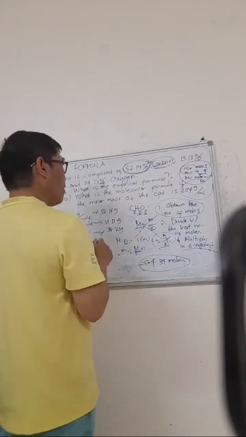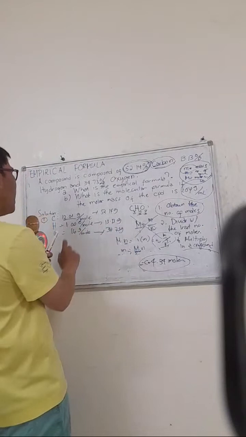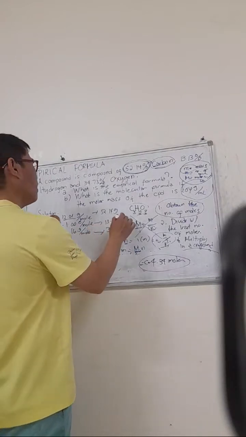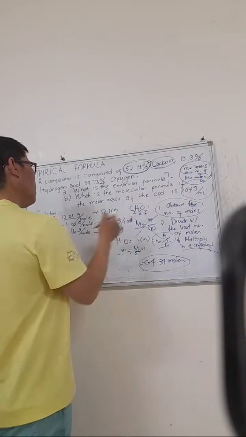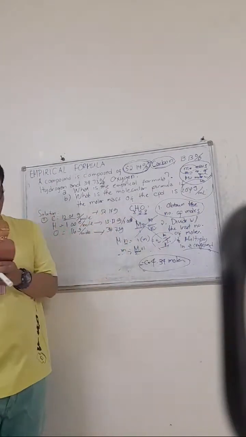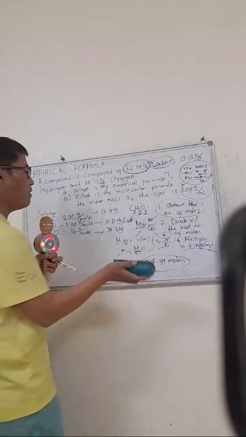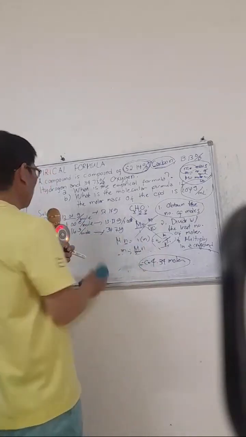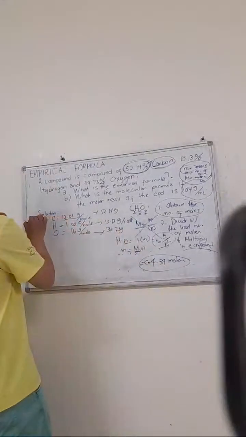So for hydrogen, we're going to have 13.13 divided by 1.008, the atomic mass of hydrogen. Let's erase this one. Let's have the answer here beside: 4.34 for carbon.